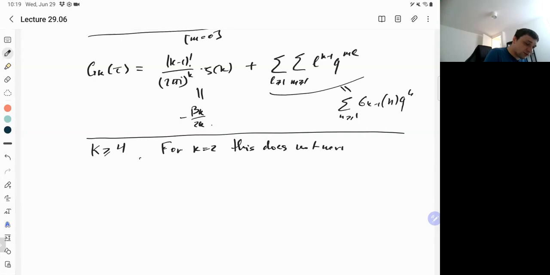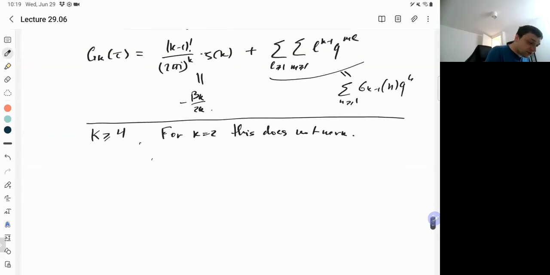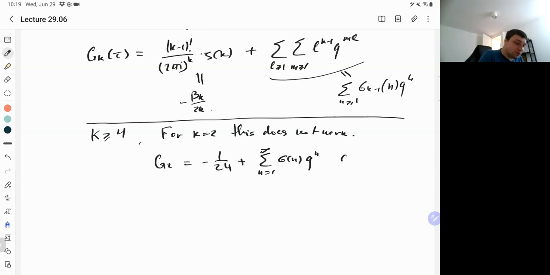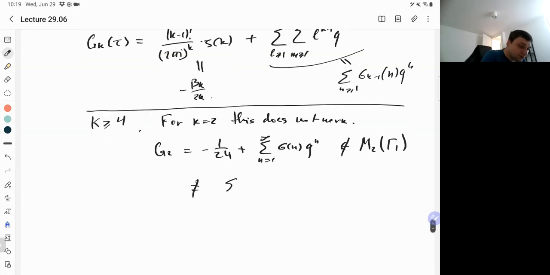What this means is G_2, which if you think about the first definition, is this expression with q^n, is not modular. It's not equal to the sum because the sum is not absolutely convergent. When you define this sum, you can make it convergent, but then you have to be careful about the order of summation.